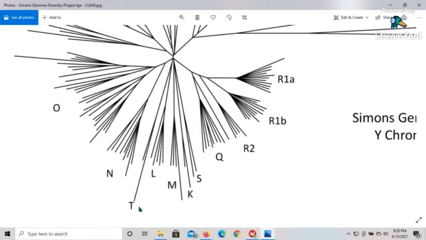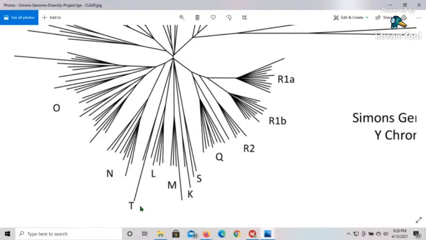So then there is the T Y chromosome, which has always been interesting to me because, as you may have noticed, I mention it once every now and then because it is often or sometimes associated with the Jewish people, and it's an ancient line. You can see how ancient it is. It goes way back, of course, to the beginning.